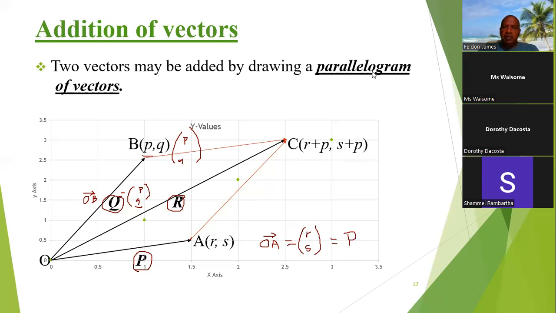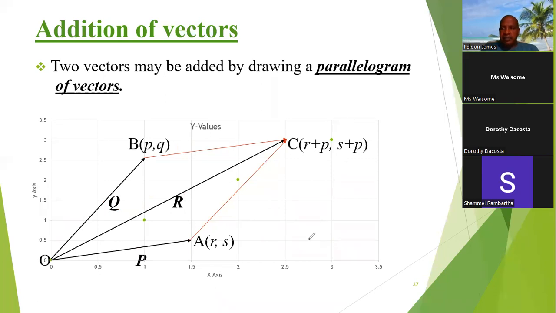We also said that when we add vectors, the addition procedure that we generally use when we're adding numbers is not the same thing that we do when we're adding vectors. When we're adding vectors, it's more of combining the overall effect of two or more vectors.